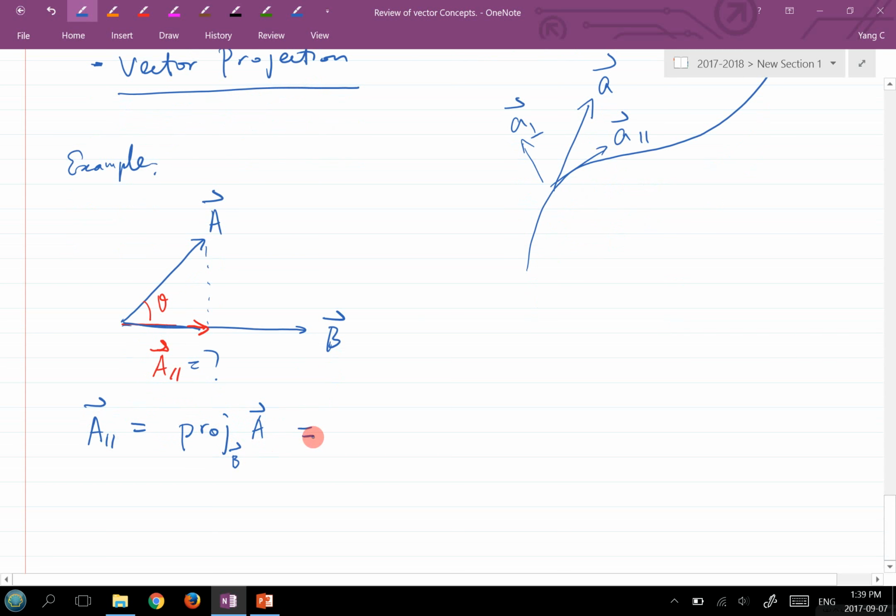Now we're going to go back to the simple concept for a vector. Can you remind me what the two components of a vector are? Magnitude and unit vector. Good. So apply the same concept here. If I want to find this vector A parallel, I need to find its length, and I need to find its what?